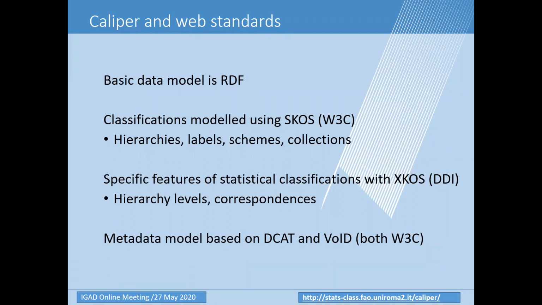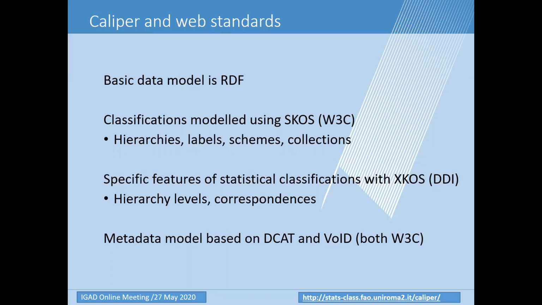that many standard components are used in Caliper. The whole data model is RDF, which is a W3C recommendation, the consortium for web standards. The modeling inside for the classification comes from SKOS, which is again a recommendation from W3C.